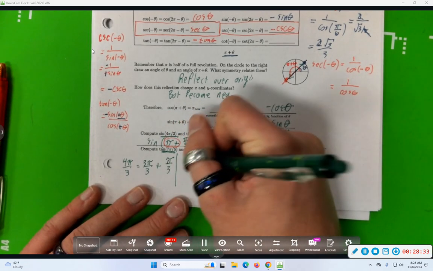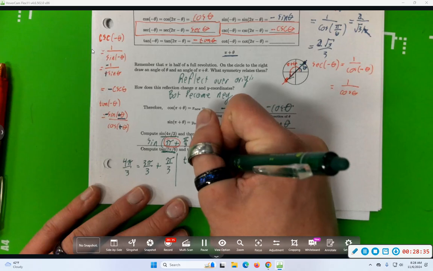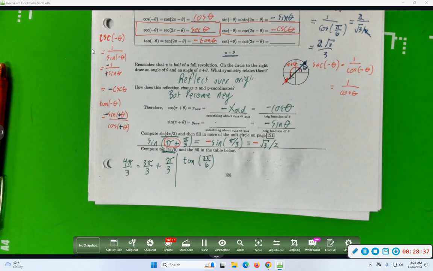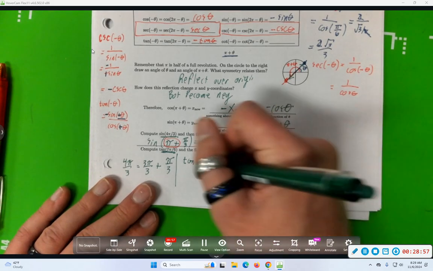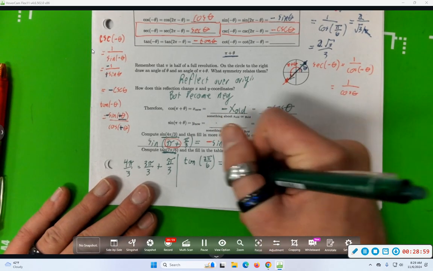So I want to compute the tangent of 7 pi over 6, but I don't have any nice facts about a weird number inside of a tangent. I only have that for sine and cosine. But tangent is sine over cosine. That is sine of, let's see, let's also manipulate that angle.